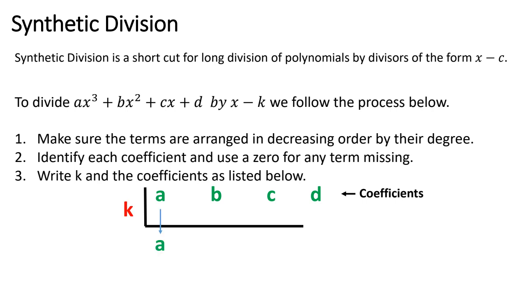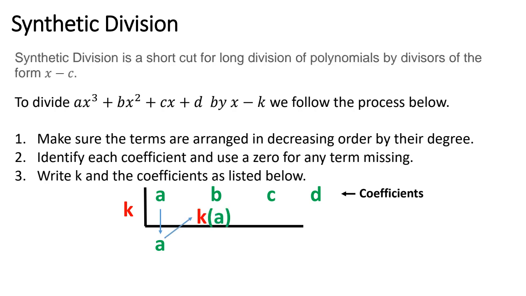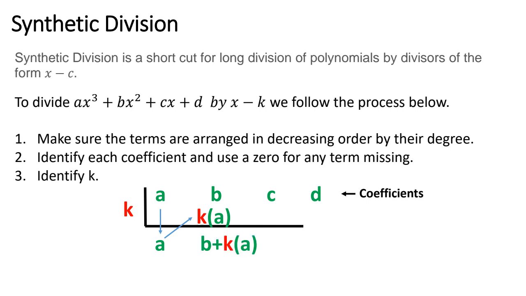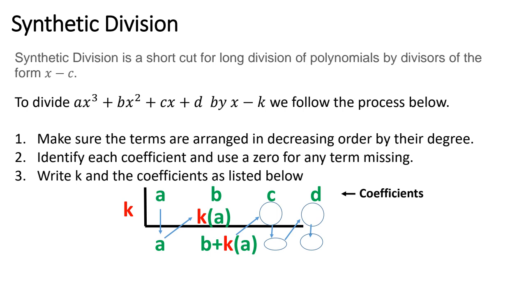The format to do synthetic division is this. You first bring down the a, and then you multiply that times the k. So k times a, and this value will go here. Whatever this answer is, you add it to b. So we have b plus k times a. Then I do it again: I multiply k by this term and add it to c. Then I go again: I add these two terms, multiply by k again, and that goes underneath the d.